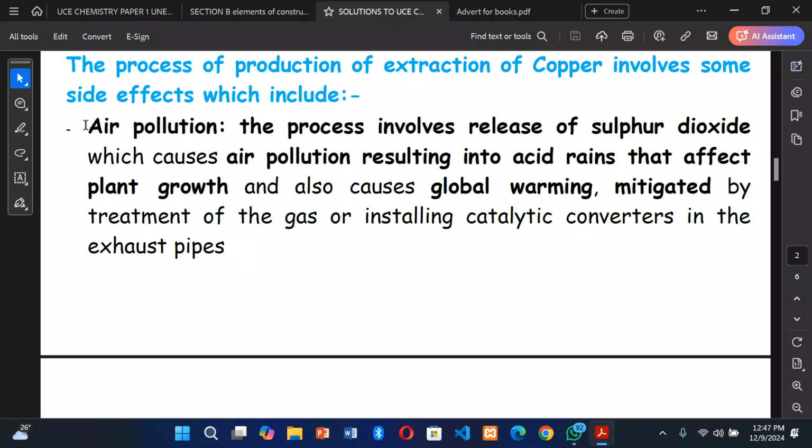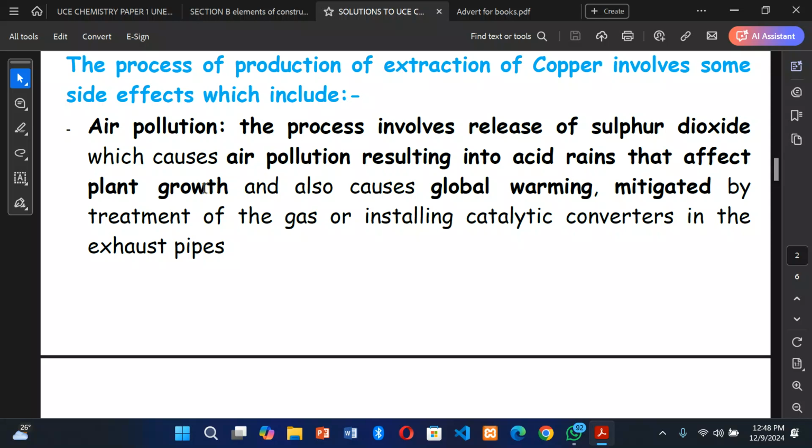So my first point is air pollution. Now, there is a mark on that. This is the side effect, air pollution. So the process involves the release of sulfur dioxide, which causes air pollution, resulting into acid rains that affect plant growth.